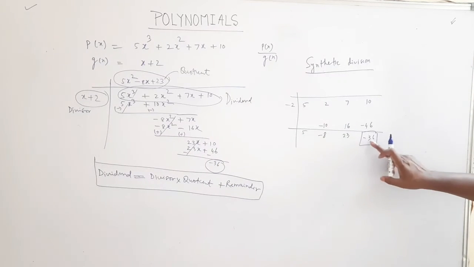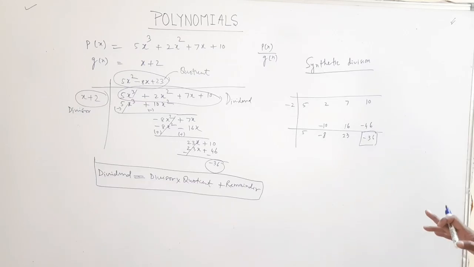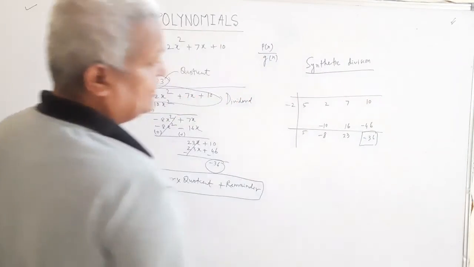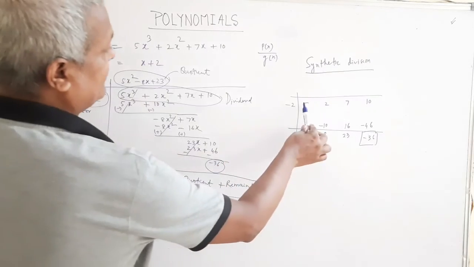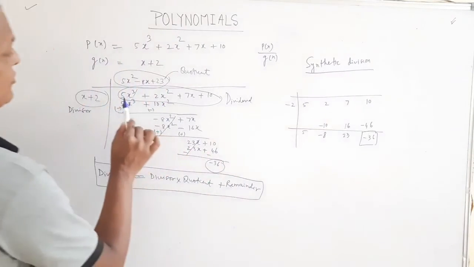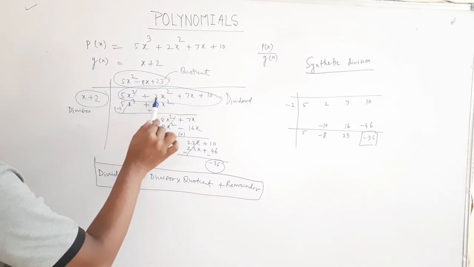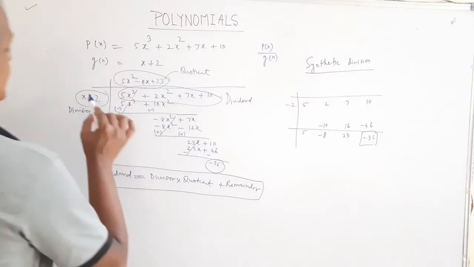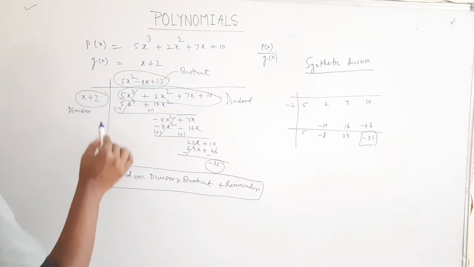So again I would like to explain this because I messed up a little. First, what I have written are the terms 5, 2, 7, 10. These are the coefficients of this expression. Then this is the divisor x plus 2 that I am trying to divide by.